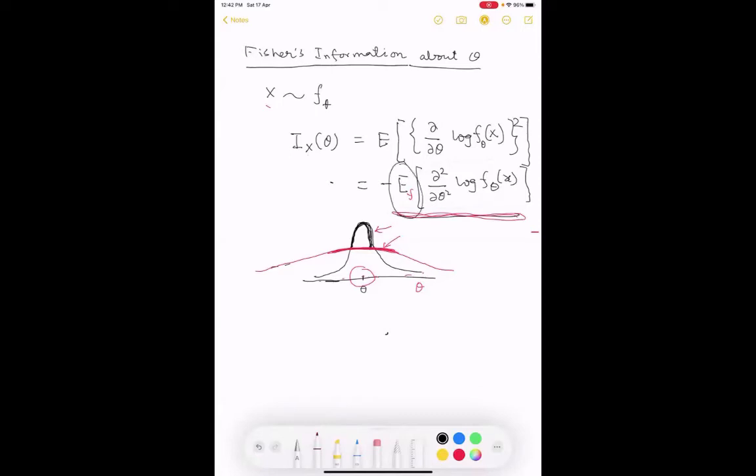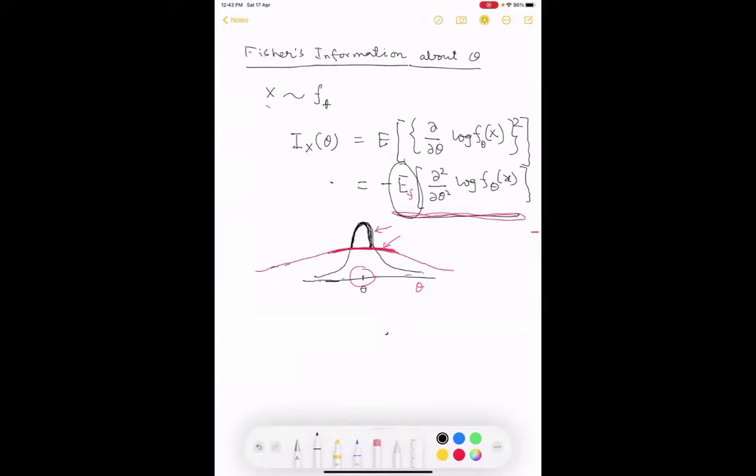Sir, I have a doubt. The expectation is just the average of the slopes at every theta 1, theta 2, theta 3, and so on? We are taking the average of those values. No. Here I'm taking the average with respect to x. Let me write down the entire information expression, then it will be much easier for you.